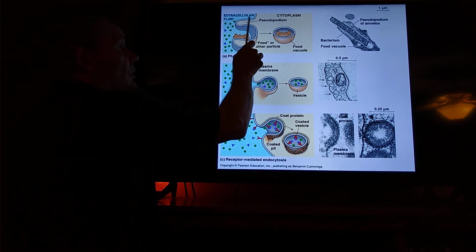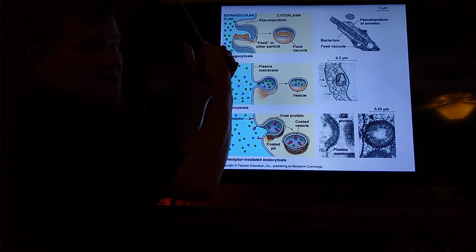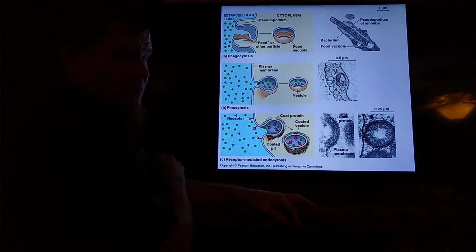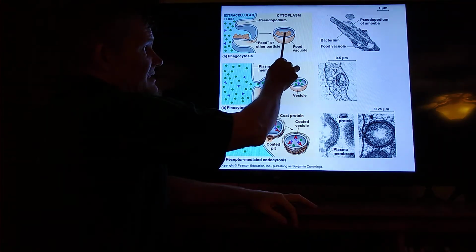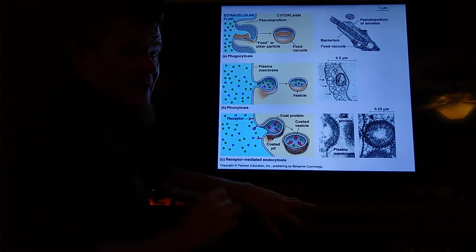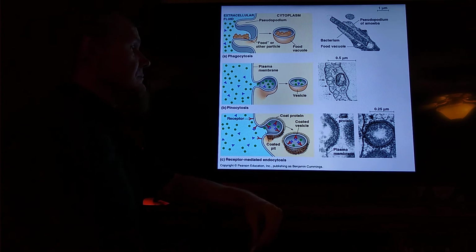And these pseudopods, once they ooze up, and once they hit together at the top, they fuse together, and they make this little balloon. It's called a vesicle. They bring this little balloon containing whatever that thing is now inside. And then they will attach lysosomes to it to destroy it.